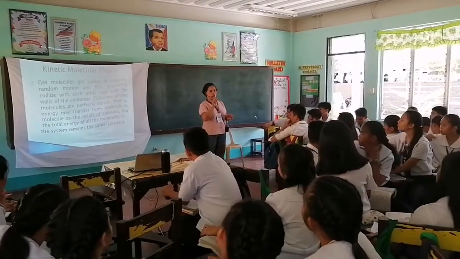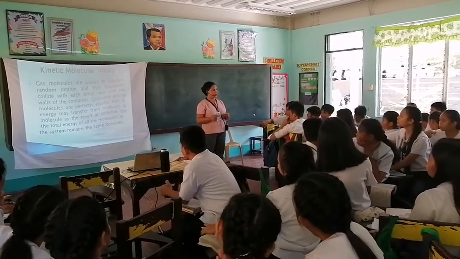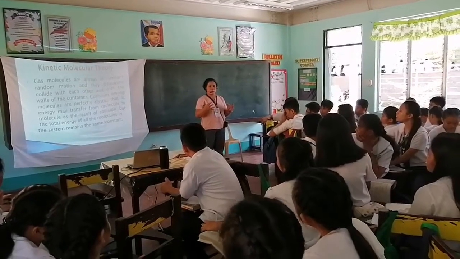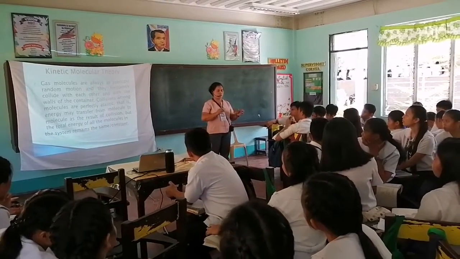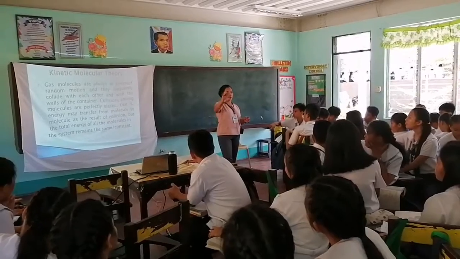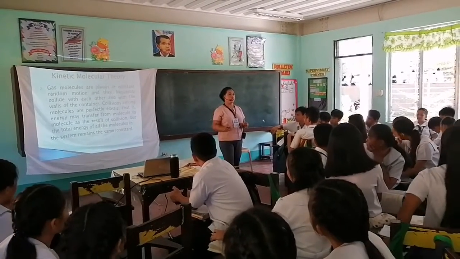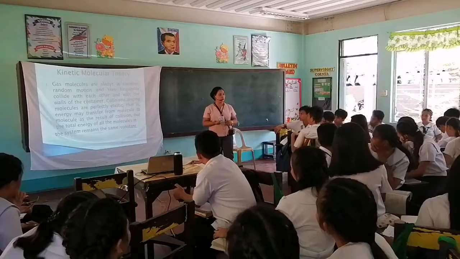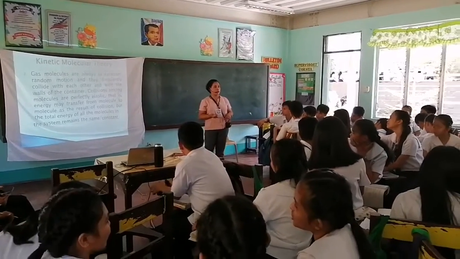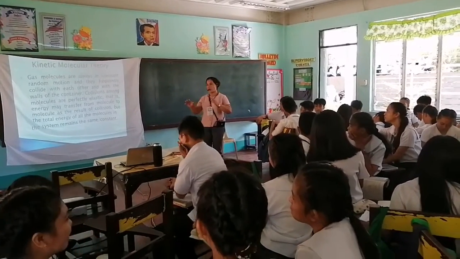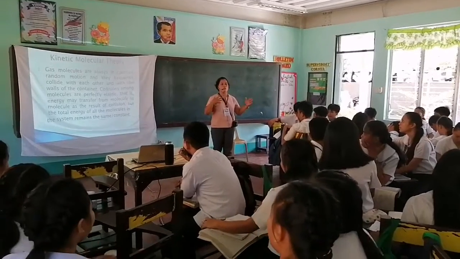Once you cook a dried fish, even though you cook that dried fish here, some of your neighbors can smell the odor of that dried fish because the molecules are in constant random motion.